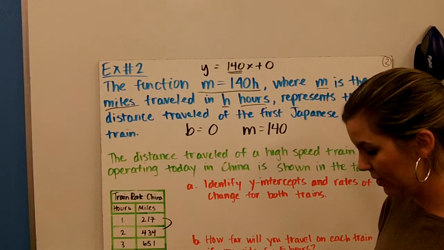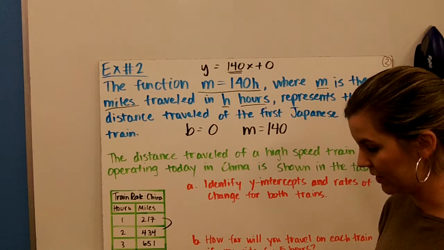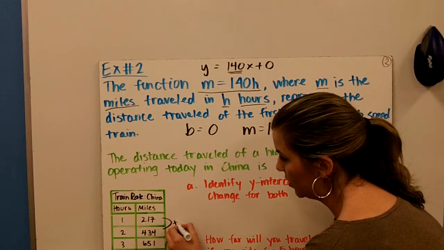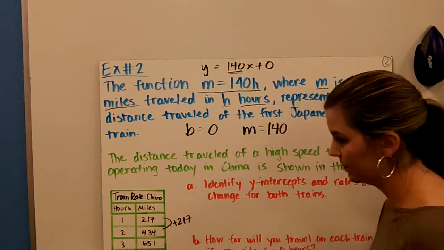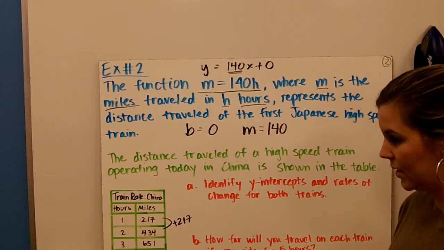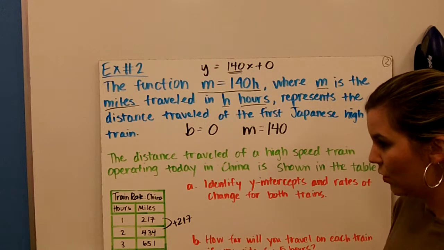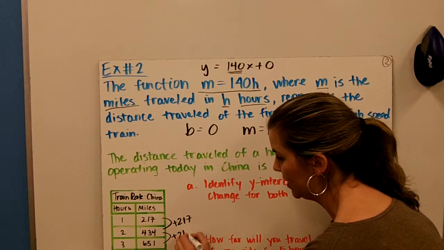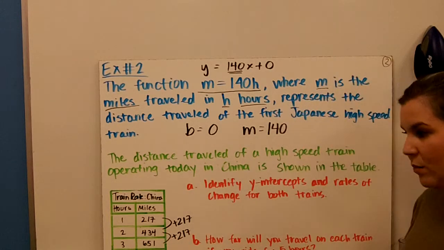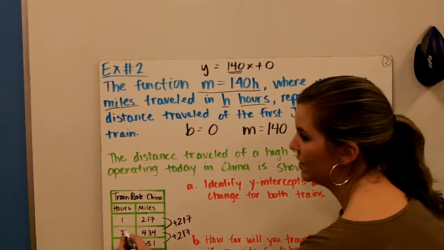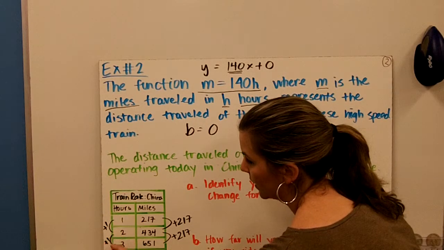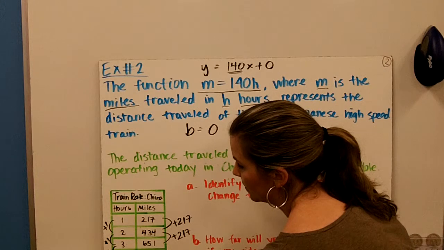Well, you can subtract these. 434 minus 217 gives you 217. So this increased by 217. 651 minus 434, again, is 217. So each time we can see that they're going up by 217. The hours are going up by 1. That's pretty easy to see.